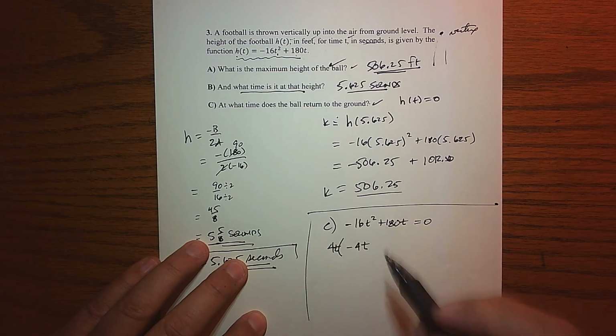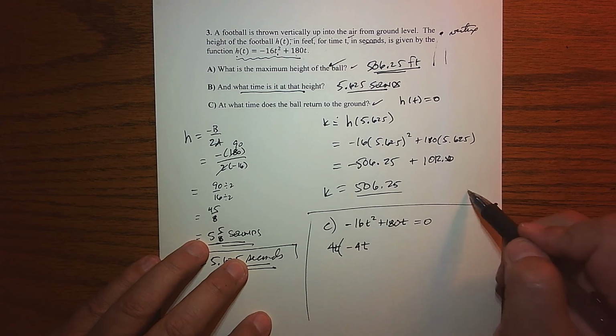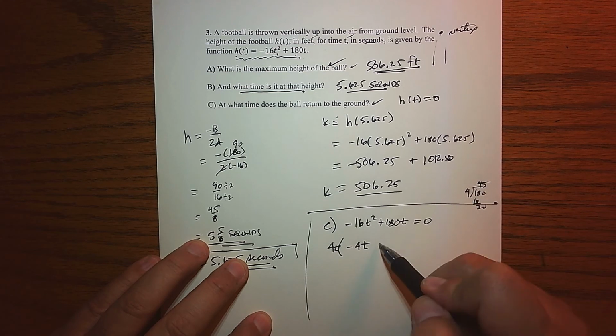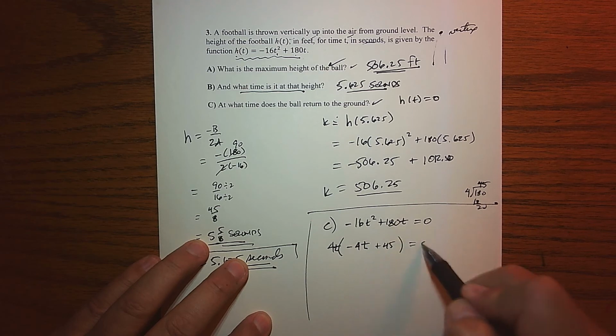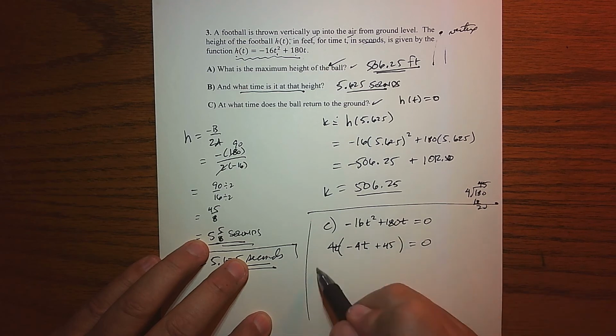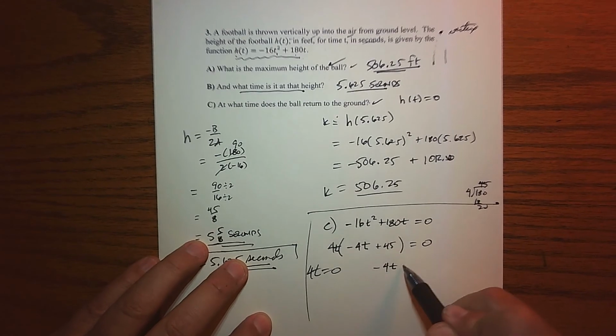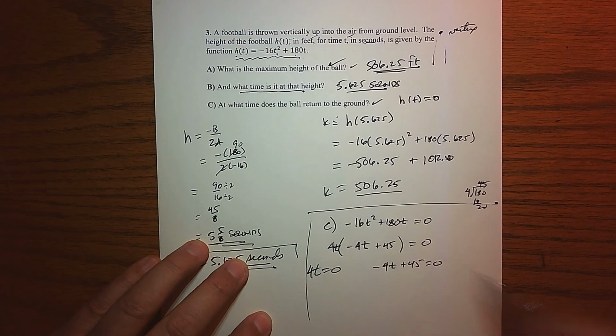That's a negative 4t. And let me check, 4 into 180, that's 4, 16, 20, 45. All right, so we get plus 45 equals 0. So using the zero factor property, 4t is equal to 0, or negative 4t plus 45 is equal to 0.